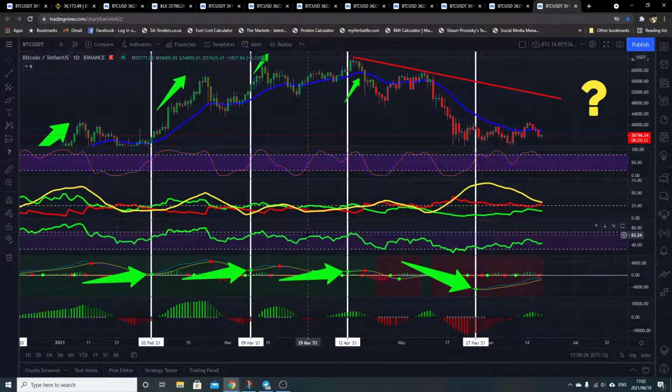The RSI, the relative strength index, shows whether it's overbought or oversold. This is the MACD, and then this is just a follow-up of the MACD, because here we can't really see.